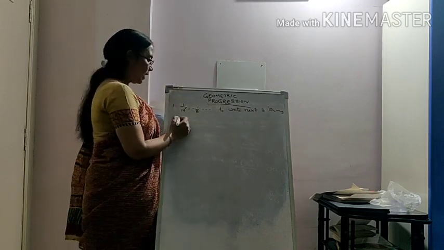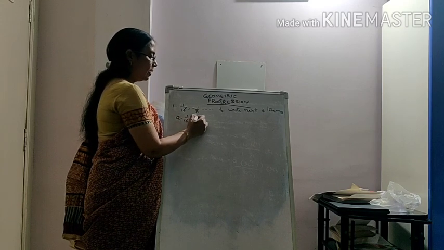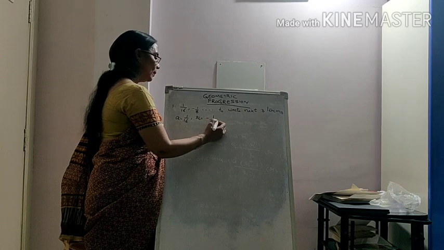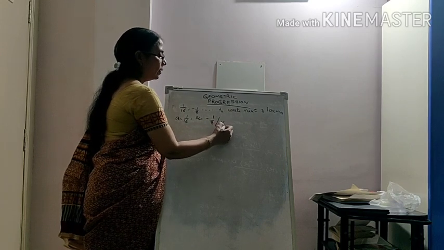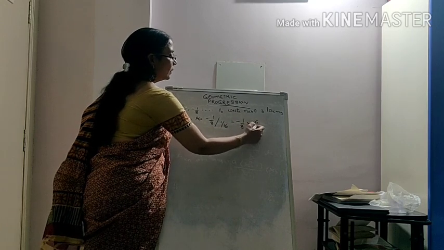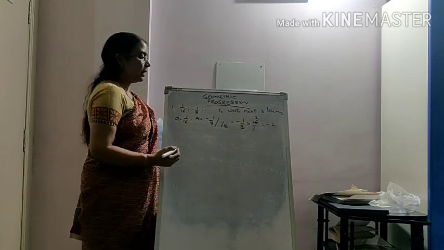First of all, find out the ratio: minus 1 upon 8 upon 1 upon 16, so your common ratio is minus 2.